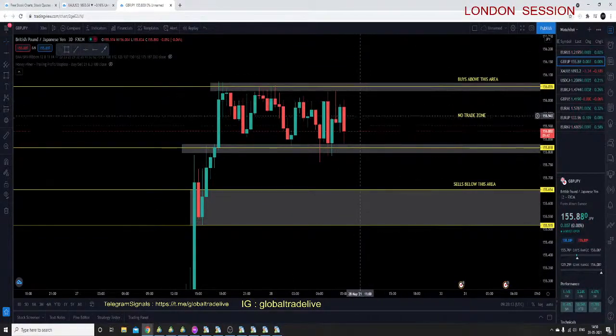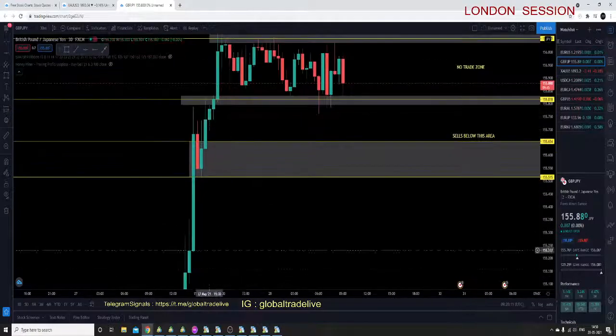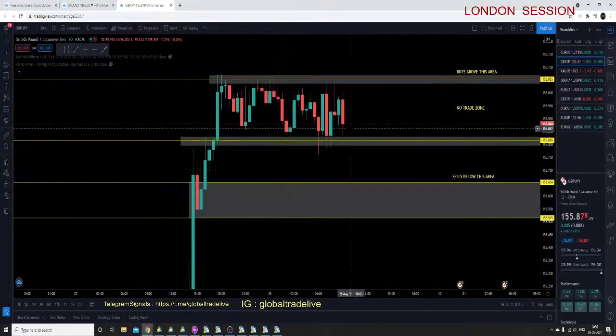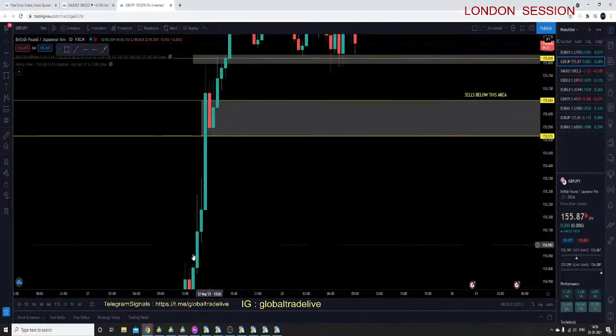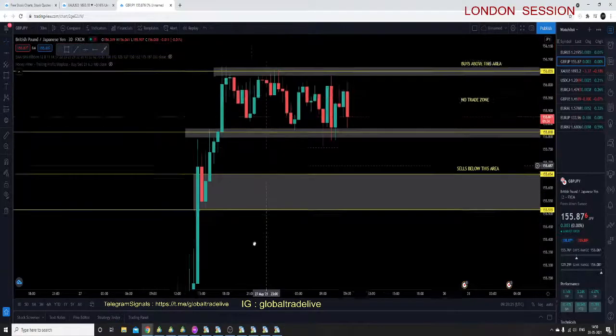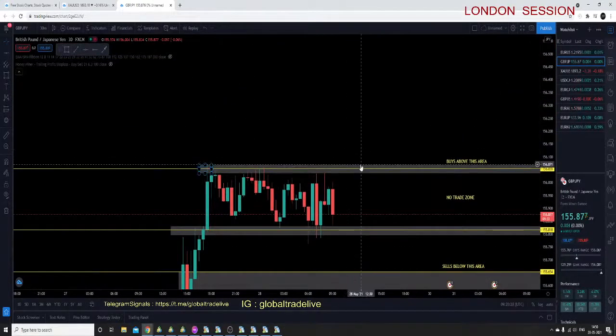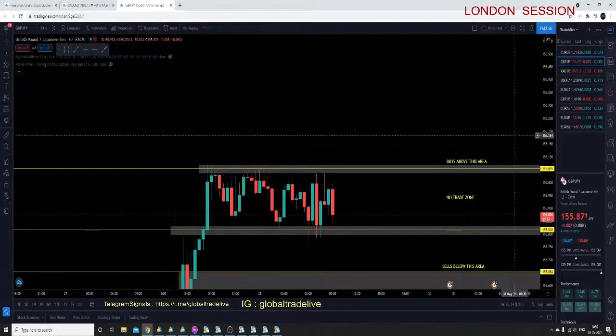Plus there is another thing here. The market just went up since yesterday. So if the market breaks and closes above this area, then because of yesterday's volume, we can move more up. That's why this area is really important to break and close above.